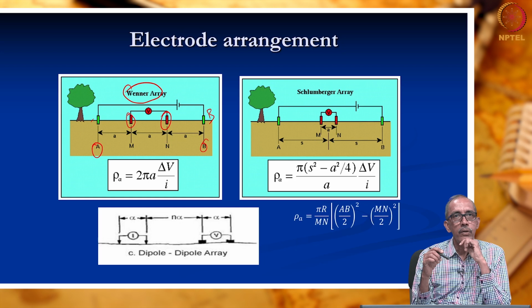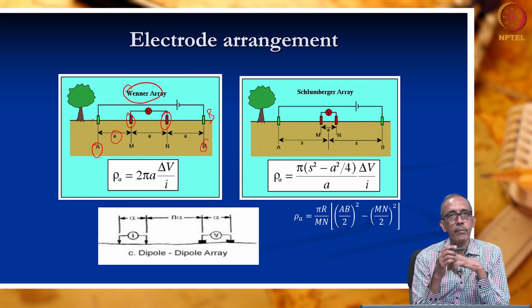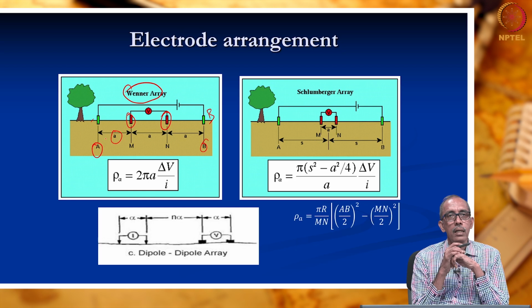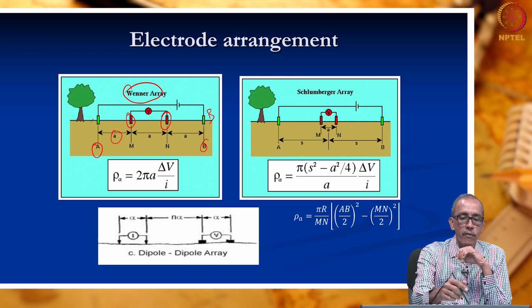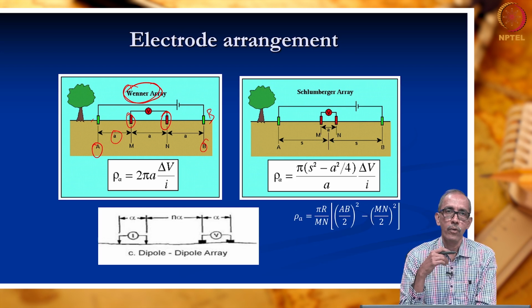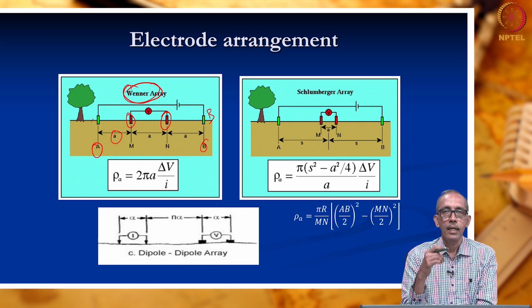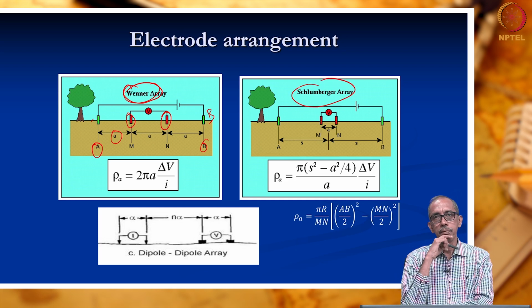What is the distance between all of them? The distance between all the electrodes is the same, a. If electrodes are arranged in this manner, then this electrode configuration or array is known as the Wenner configuration or Wenner array.